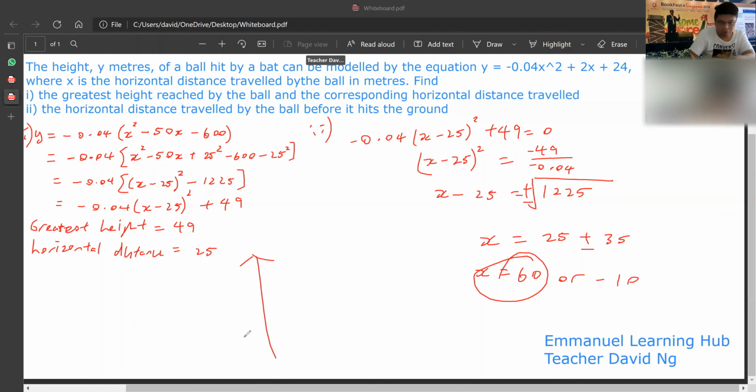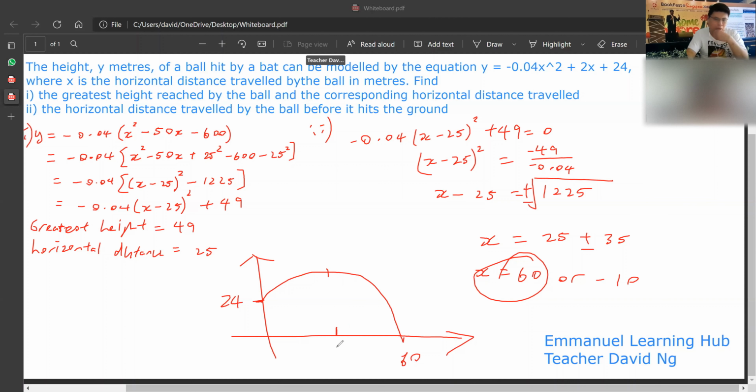Because this is how the graph is going to look like. Here would be 24. Here would be 30. No, is it 30? No, not 30.